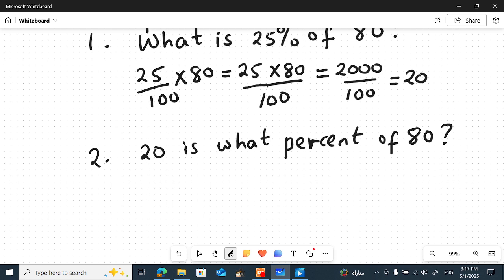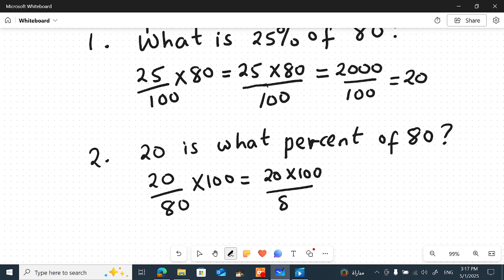Because 20 comes from 80, you do 20 divided by 80, the original value, times 100. You take the small number, divide by the big number, multiply by 100. So 20 times 100 divided by 80 gives you 2000 divided by 80.